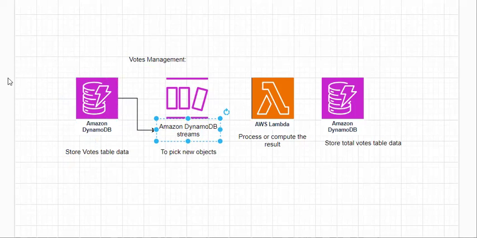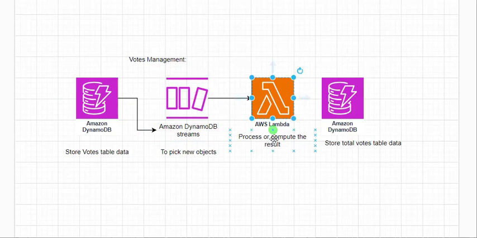Whenever a new voter uploads or puts his vote in this DynamoDB table, since that's a new object, the DynamoDB stream is updated for us. Whenever it is updated, we invoke this Lambda function. Then the Lambda function processes only the newly uploaded object, instead of processing the whole data present in this DynamoDB.